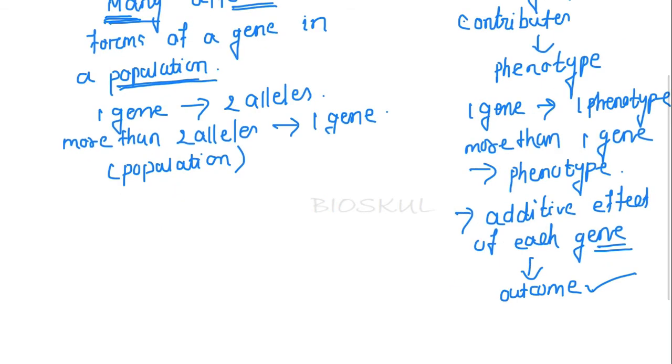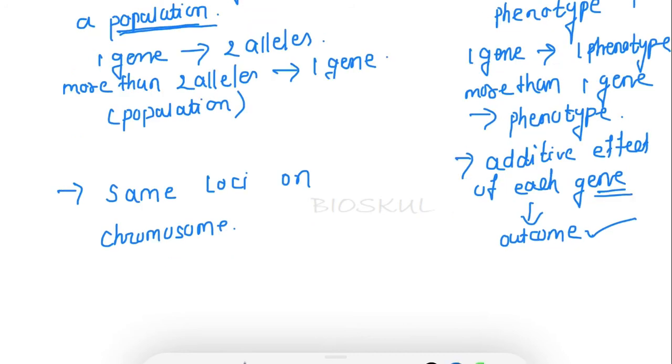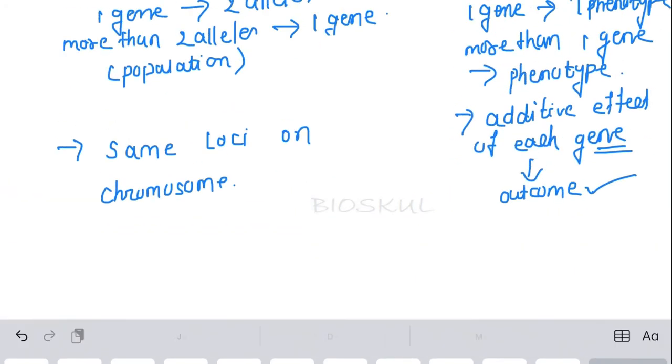So now we'll talk about where multiple alleles are present. Are they present in the same location of the homologous chromosome or in different locations? Yes, multiple alleles are present in the same location or same loci on a chromosome, whereas polygenes are on different loci within the same or different chromosome.